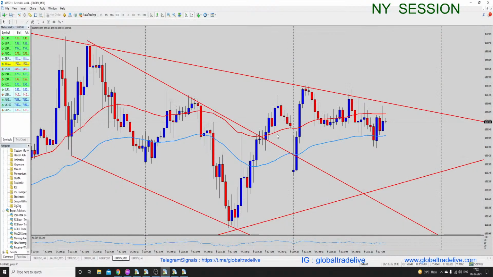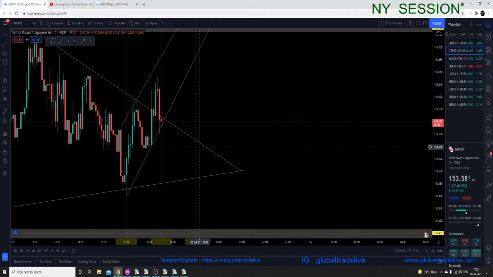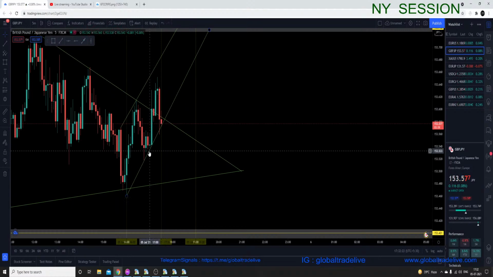So the execution point I think will be 153.533. Let's see here. 153.533. It's somewhere around here. Yeah, this is that point over here.